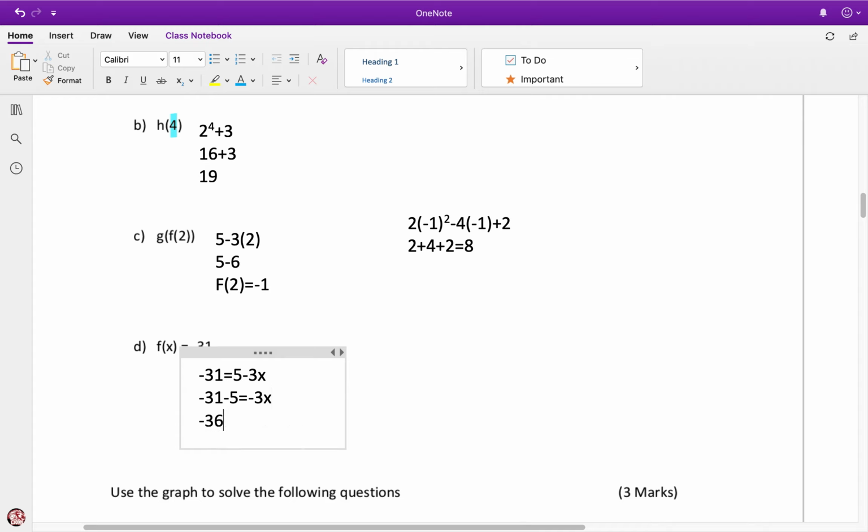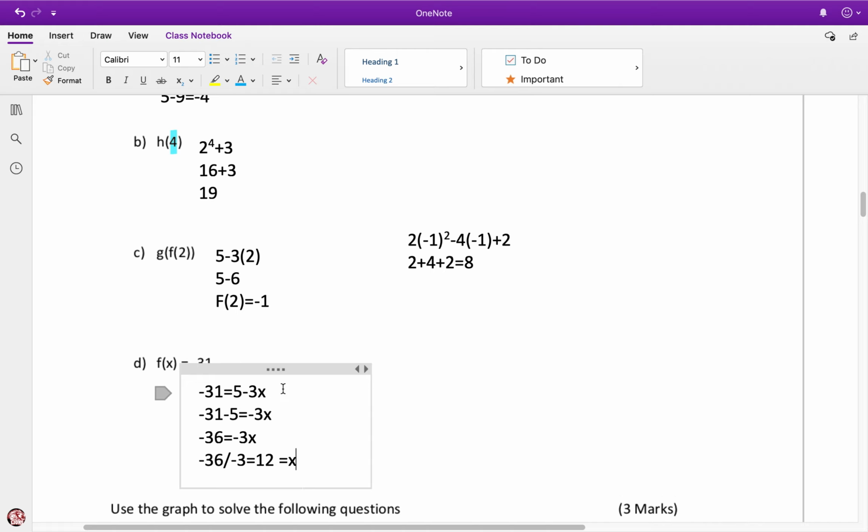Negative 36 equals negative 3x. Then I'm going to divide each by negative 3, so negative 36 divided by negative 3 equals x. I'm just going to press equals there. So 12 equals x on that side. So I was actually finding x. I didn't give you x. We're finding x.